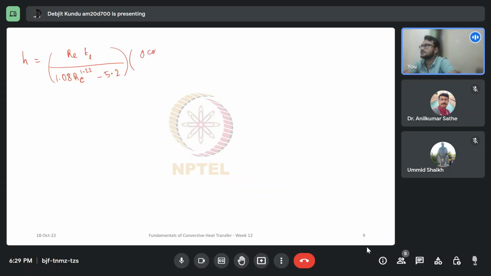So this would be (G cos theta divided by nu L squared) to the power 1/3.